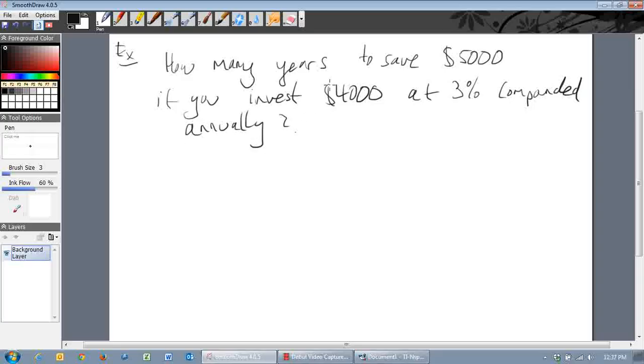Okay. We're looking for n here. How many years to save up to $5,000? If you invest $4,000 in a bank that gives you 3% compounded annually, how many years?